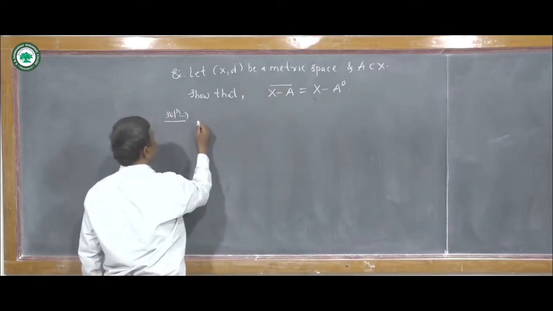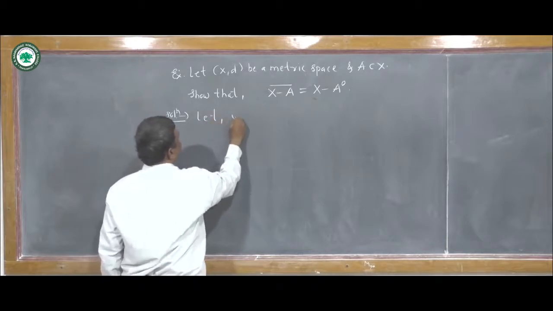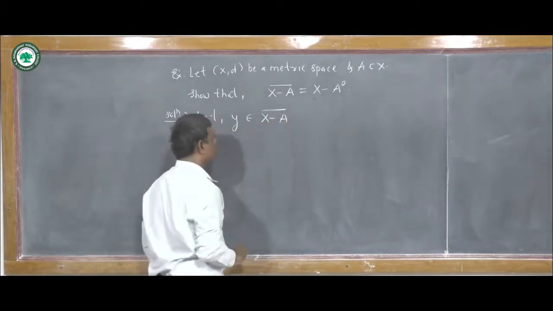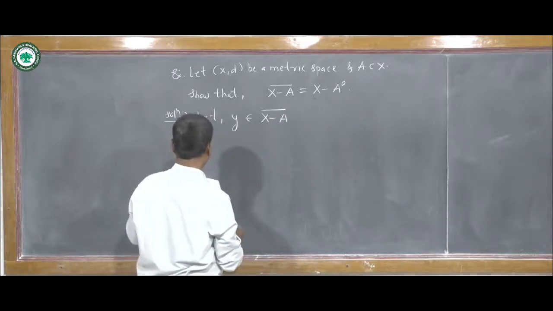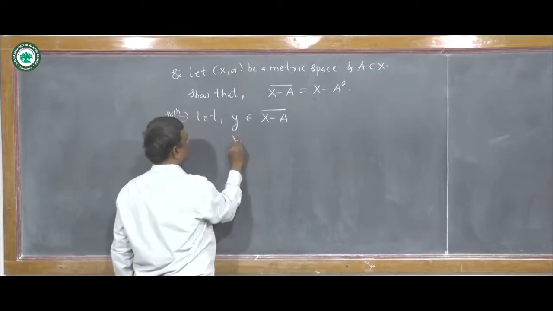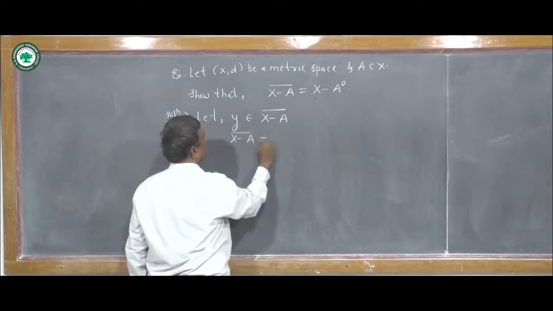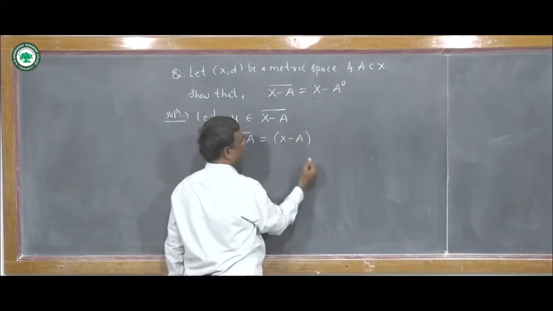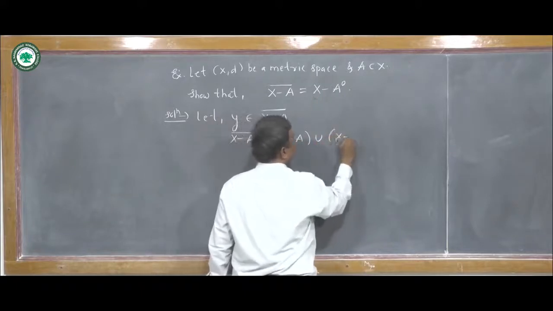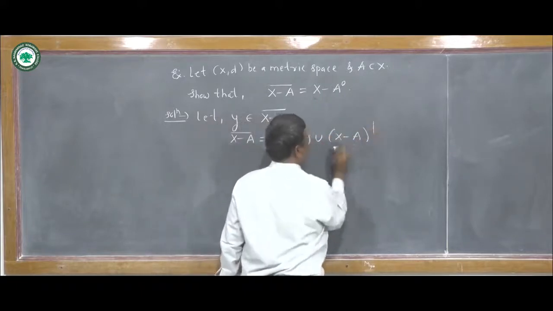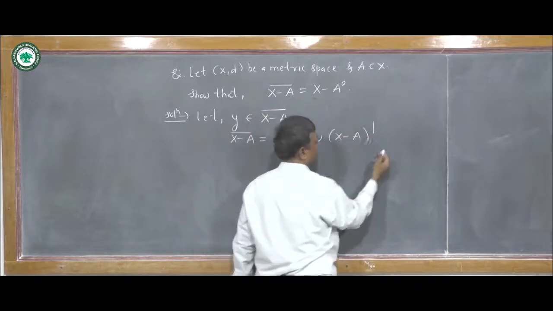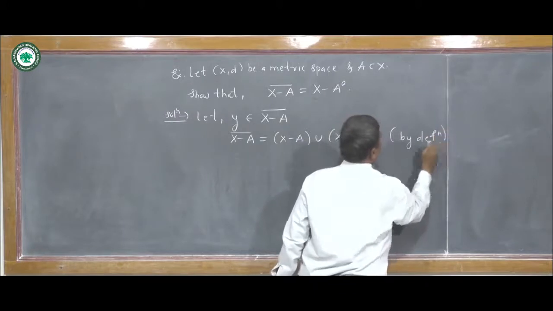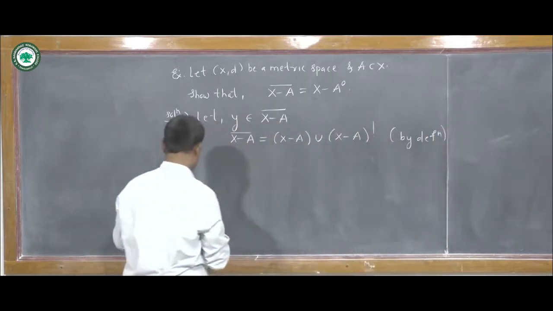So to prove this, let y belong to the closure of the complement of A. Now we know that the closure of the complement of A is the complement of A union the set of limit points of the complement of A. We write this by using the definition of closure of a set.